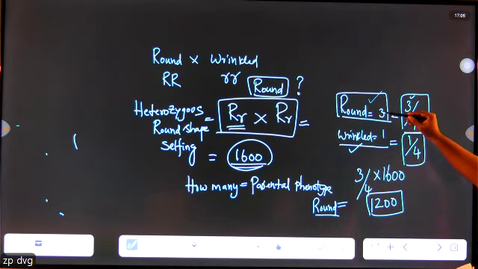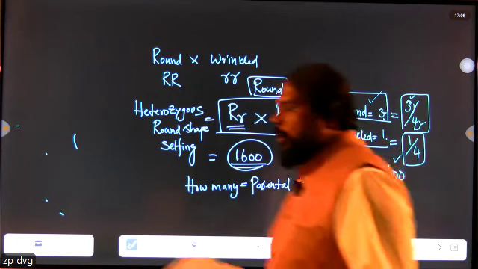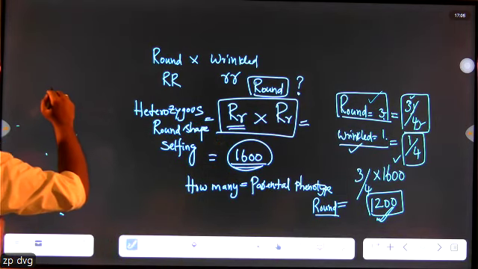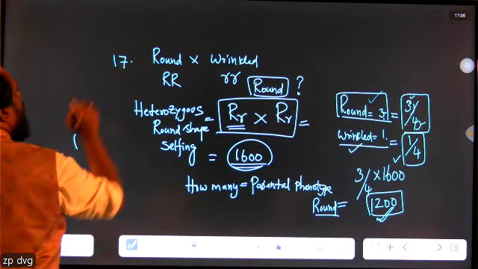This 3 can be written as 3 by 4 because out of 4, 3 is round, and out of 4, 1 is wrinkled. So 3 by 4 into 1600, you will get 1200. So 1200 is option 4. For question number 17, the correct option is option 4.